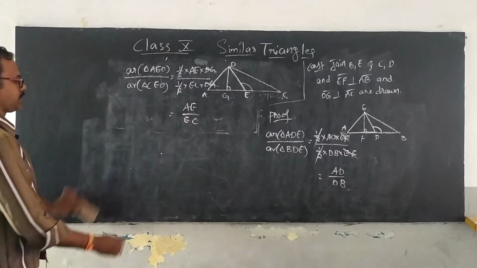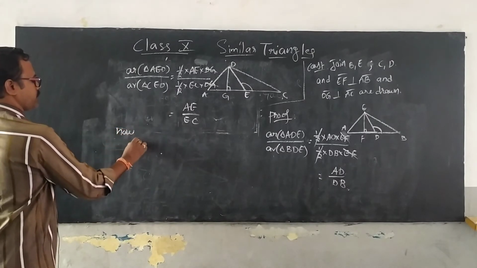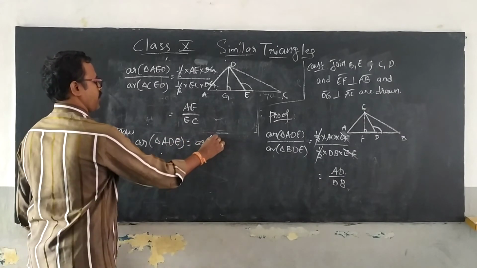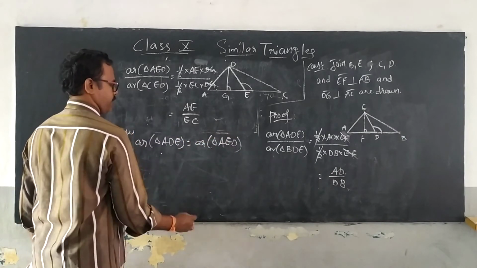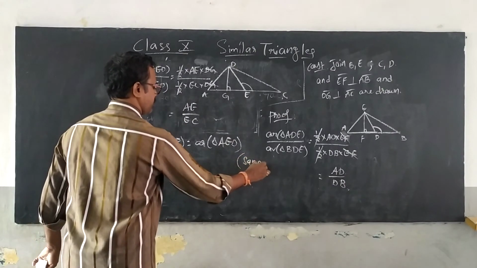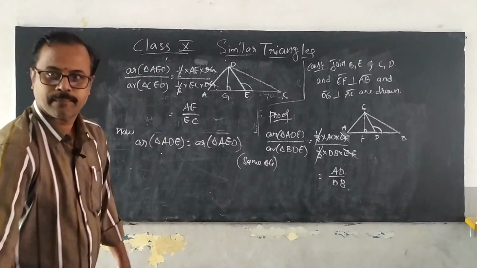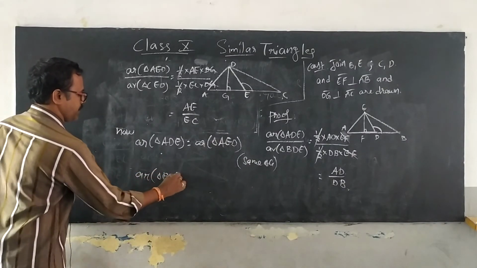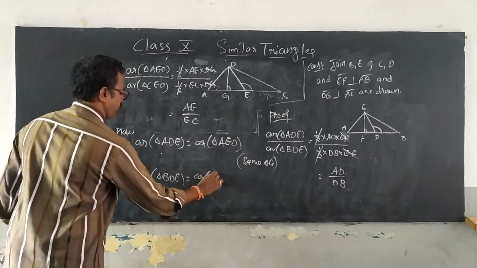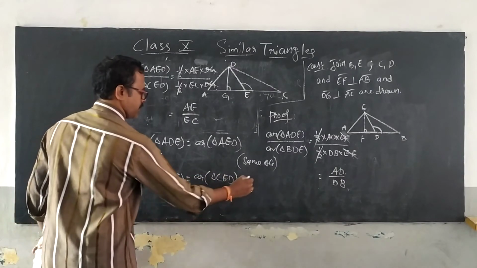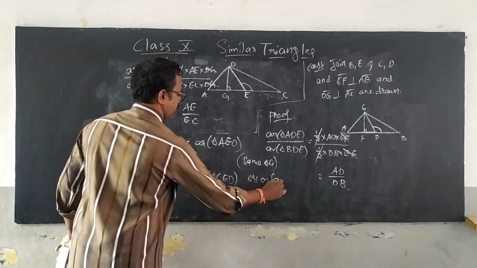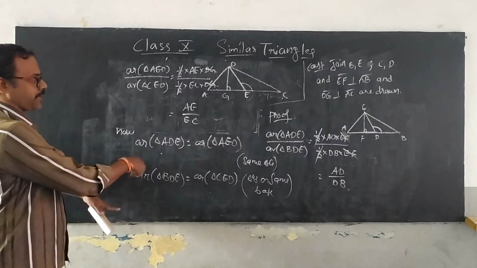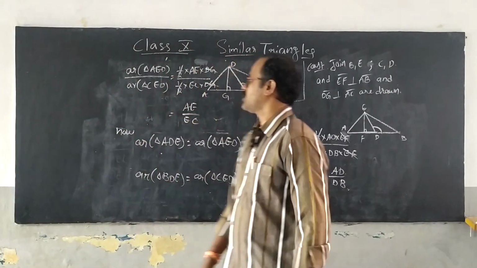Now, area of triangle ADE is equal to area of triangle AED, because it is the same triangle. We come to the next one. Area of triangle BDE is equal to area of triangle CED, triangles on the same base. Now we can make the two ratios equal.